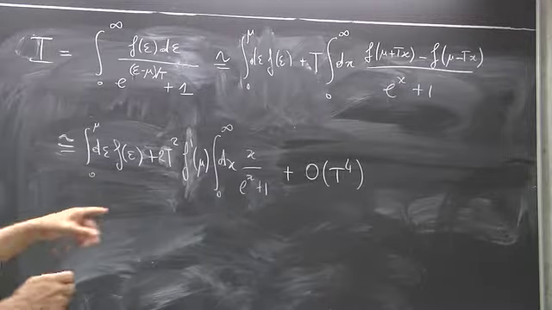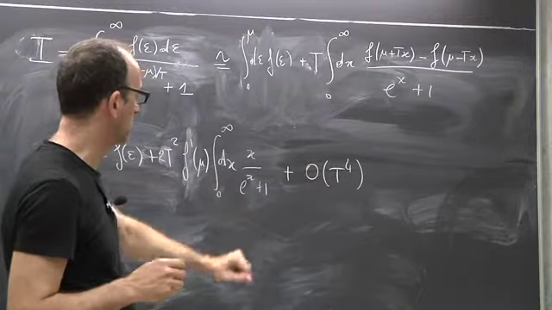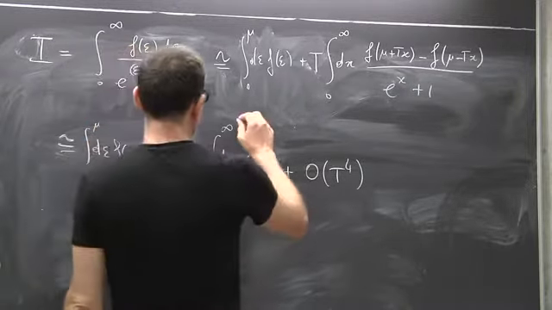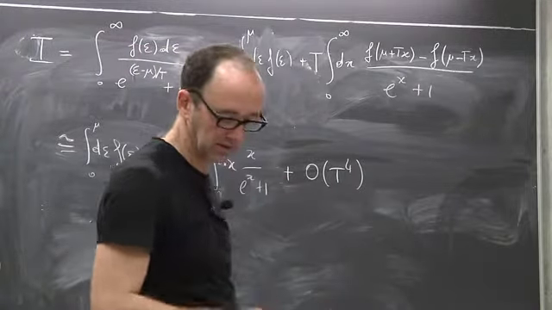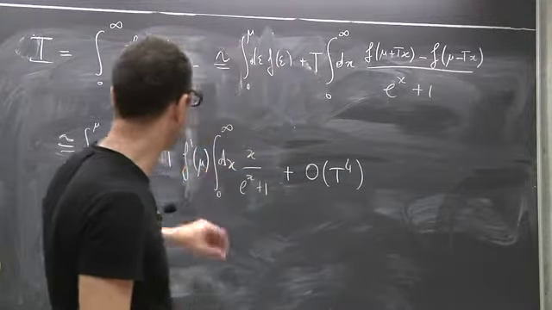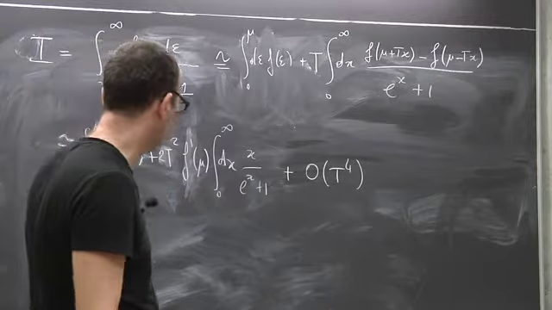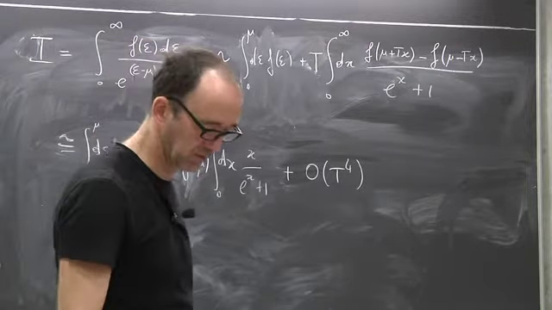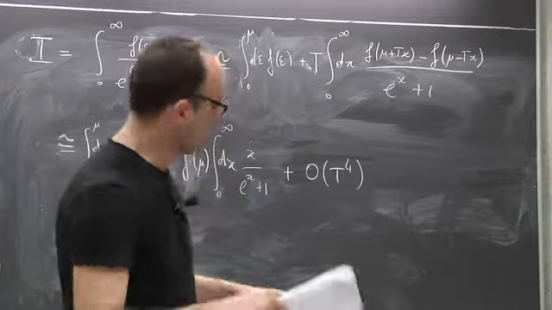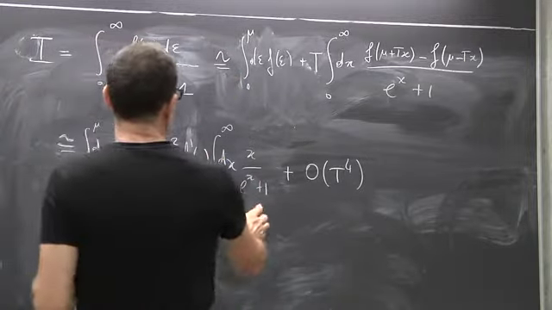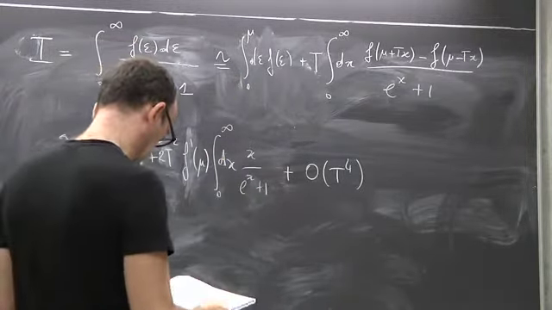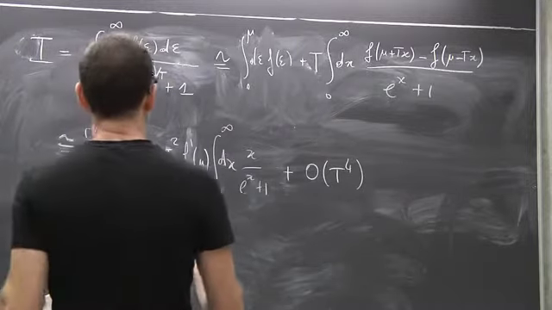Now the last step is that this integral can be computed exactly. There are several ways. One way is to compute it with residues. And the value of this integral is pi squared over 6. Okay?